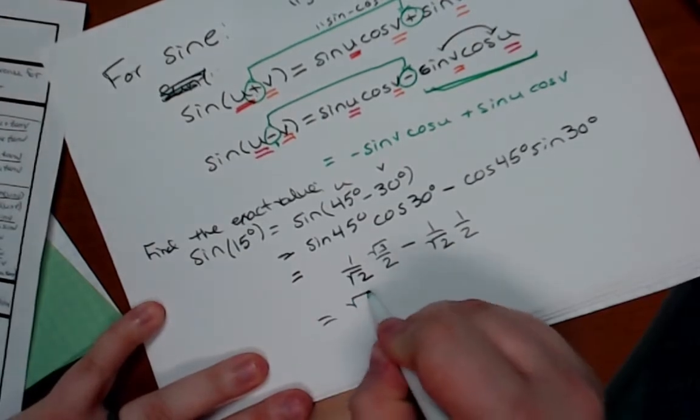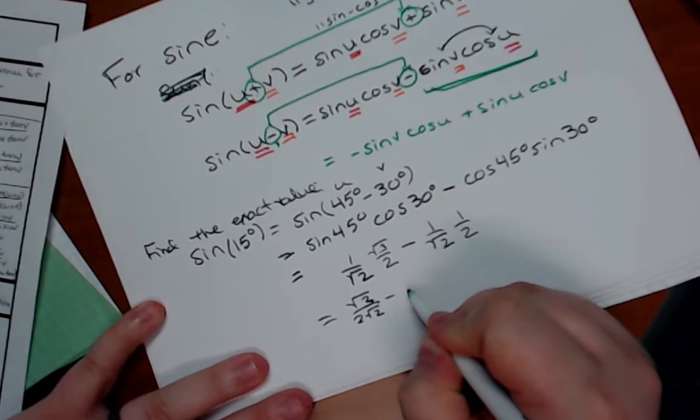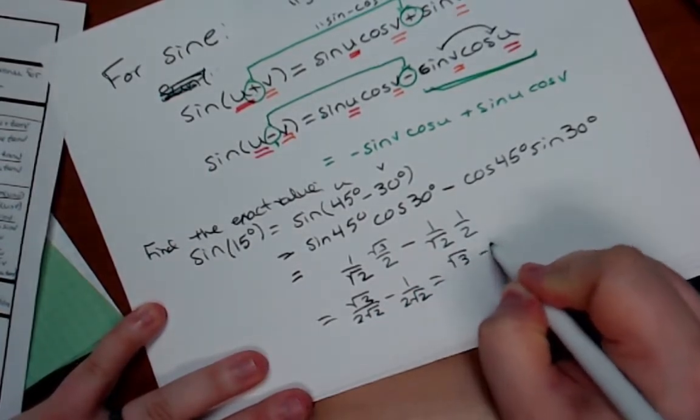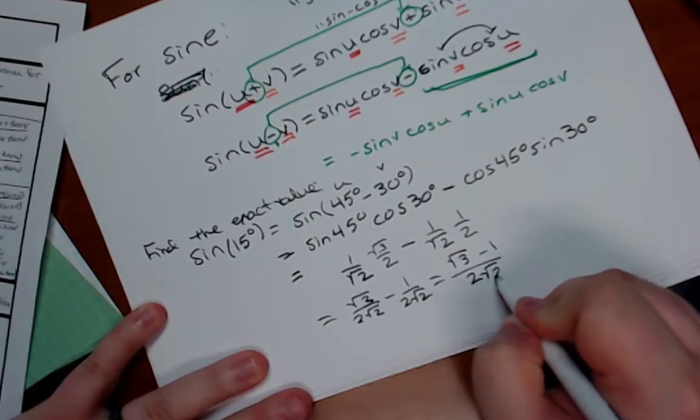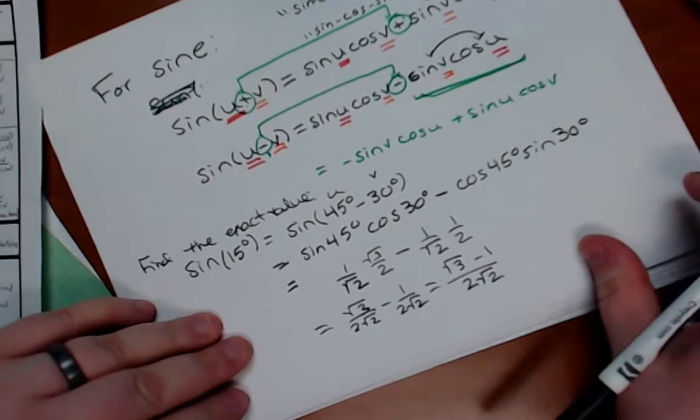So here we have root 3 over 2 root 2, minus 1 over 2 root 2, root 3 minus 1 over 2 root 2. And that's what we get for our first example.